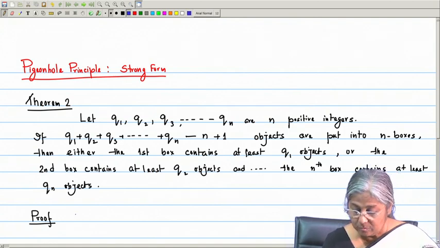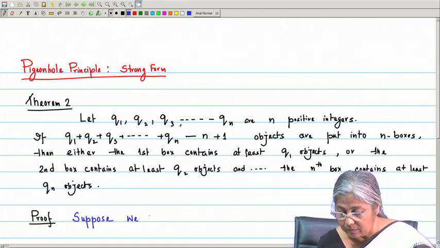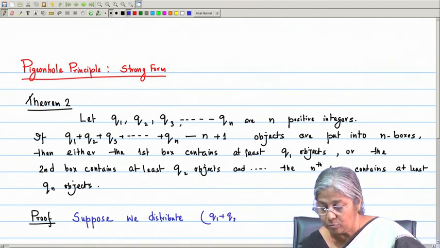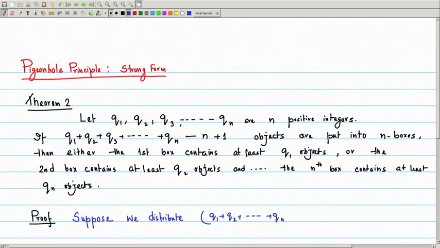Now, suppose we distribute the total objects, that is q1 plus q2 plus qn minus n plus 1 objects, among n boxes.